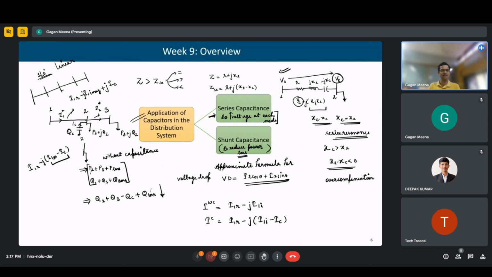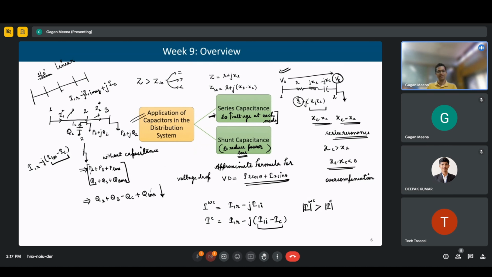So which of these currents is smaller? What is the relationship between the magnitude of I1 with C and the magnitude of I1? Which one is smaller? So I think the smaller is I1 with C. Which one? IC is smaller, yes, correct.